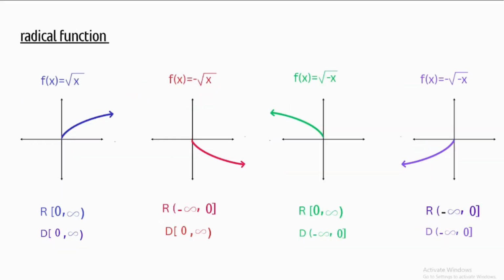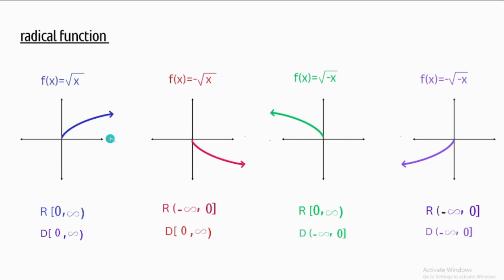Now we will talk about the radical function. All the radical functions start from 0. There is just a change in the sign. There is a negative before the root, or a negative inside the root, or two negatives, one inside and one outside. But all of these start from 0 because they are based on the parent function.